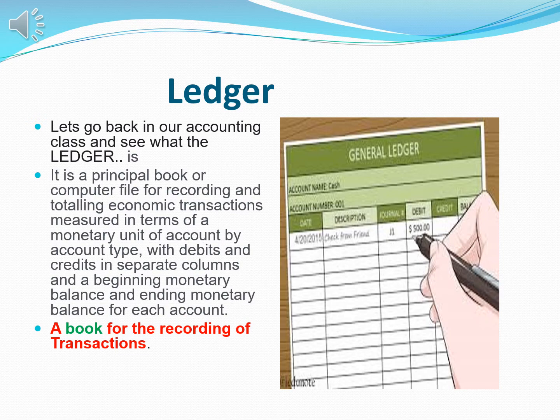So we keep the record of our transactions for a particular period, starting with the balance and then the ending balance. We record our debit transactions and also credit transactions. So basically it is a book for the recording of transactions. This is called a ledger.